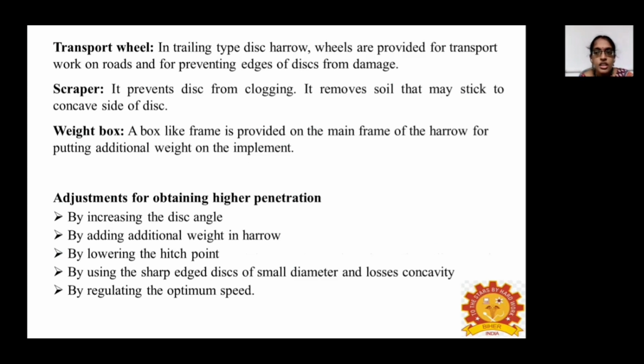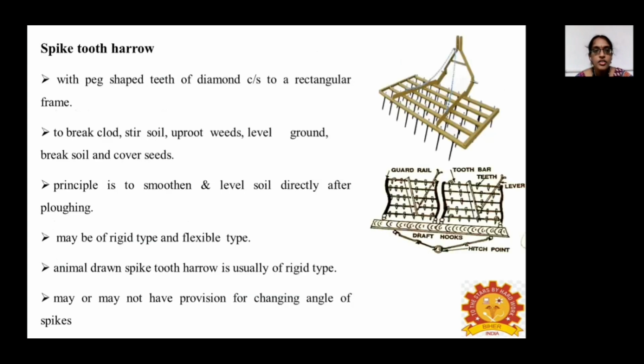If you are using these disc harrows for a field operation and you want the depth of penetration to be higher, what adjustments should be made is: we can increase the disc angle, we can provide additional weight, and we can lower the hitch point, the attaching point, and use sharp-edged discs of smaller diameter, and less concavity, and it is used if you are using this disc at an optimum speed.